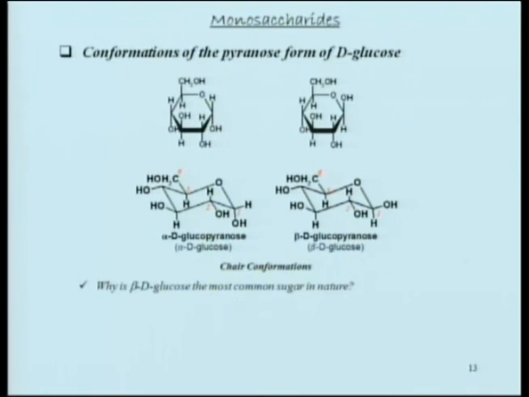They would prefer to be equatorial. Why? Because the equatorial position is known to be less sterically hindered. That's because the axial position is more sterically hindered. That doesn't mean that there are no steric issues in equatorial, but the axial position has more steric issues.